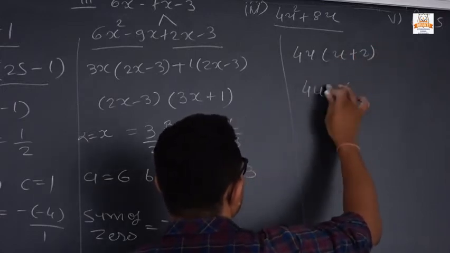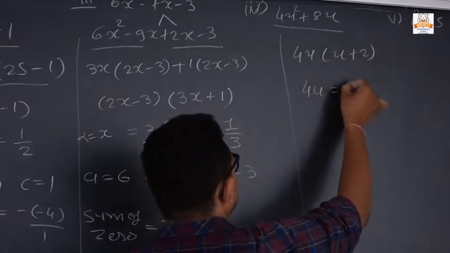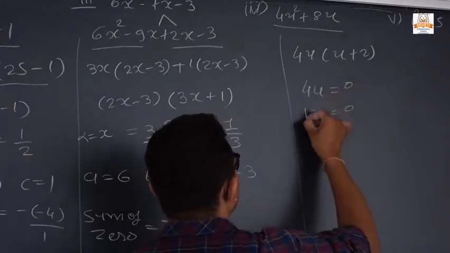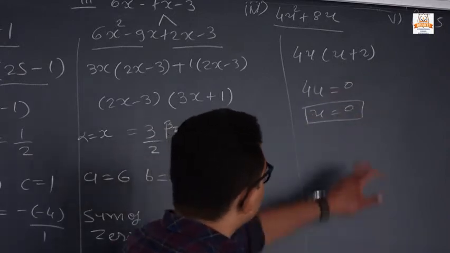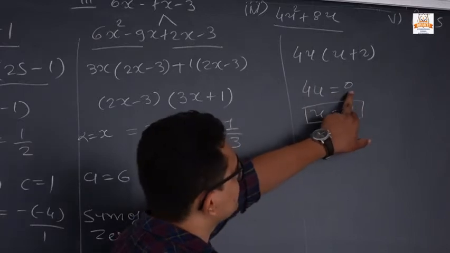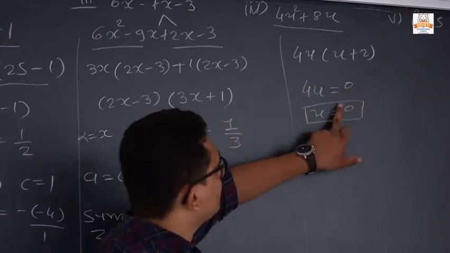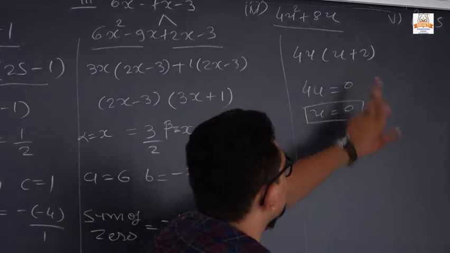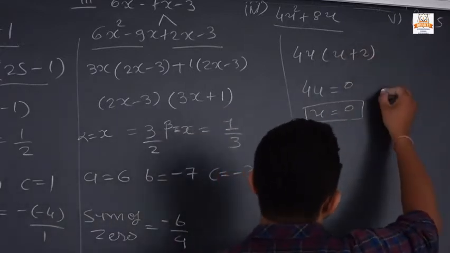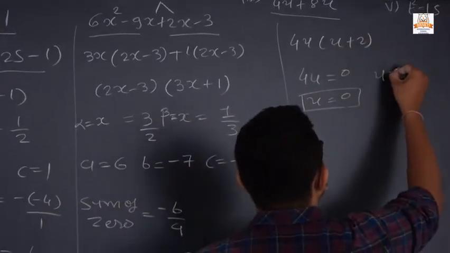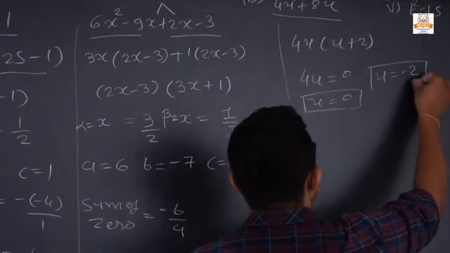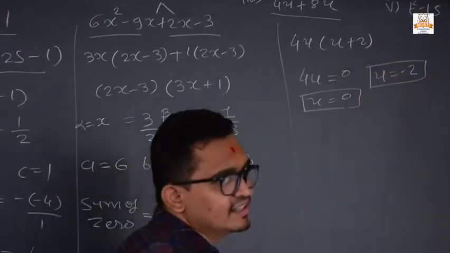If it is equal to 0, then u is equal to 0. First zero will be 0, because if it goes to the second side, 0 by 4, the answer will be 0. Second, u plus 2: if it goes to the second side, u is equal to minus 2. So it is our alpha and it is our beta.